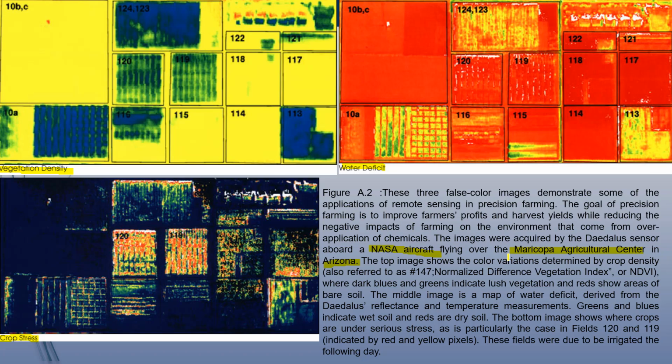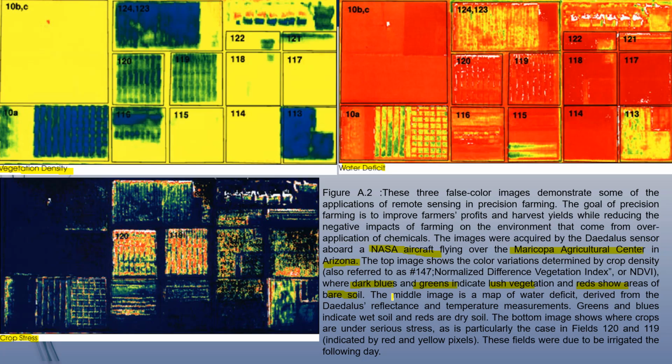And what these colors are trying to tell us is that, you can see here, the dark blue and green indicate less vegetation. The red shows areas of bare soil.